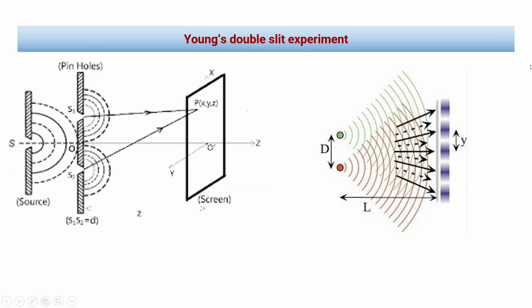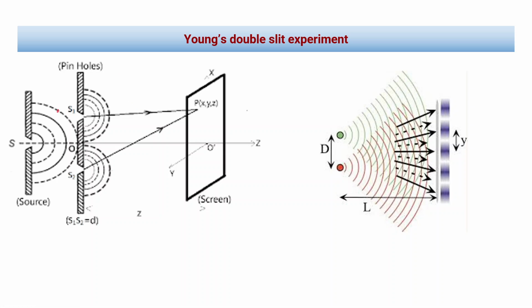Then we had discussed Young's double slit experiment. This is the experiment that told us how we can get a coherent source, because if I use two independent sources, it's difficult for them to be coherent. But if I am using one source like here, and I'm keeping a screen in front of it with two small holes, we had discussed the Huygens principle.